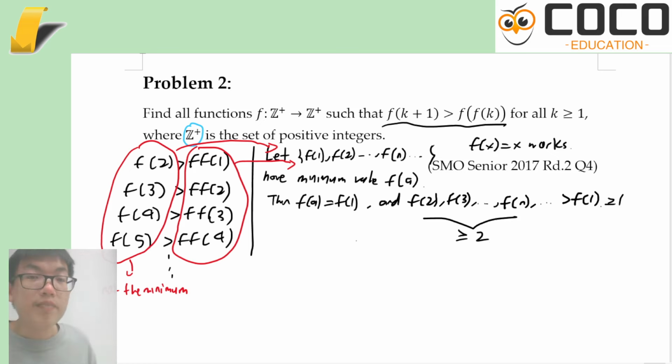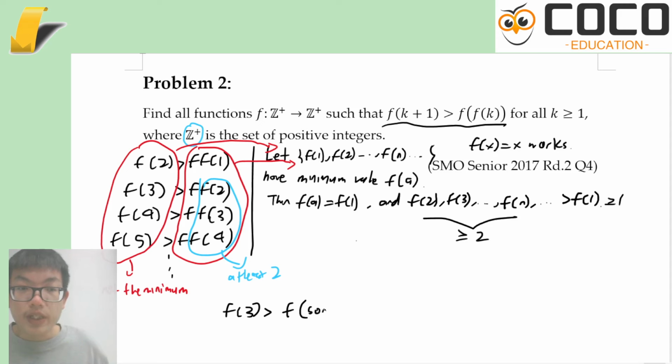Now what that implies is that each of these here is all going to be at least 2. And so that means that f of 3 is bigger than f of something more than or equal to 2. f of 4 is bigger than f of something more than or equal to 2, and so on.